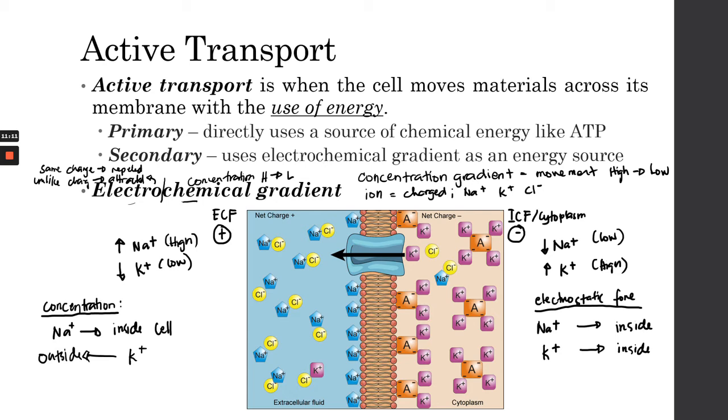So these two forces are working on these ions, creating what we call a membrane potential. This membrane potential is the result of a difference in the charge of the cell, because of the electrochemical gradient, or the forces acting on these ions.